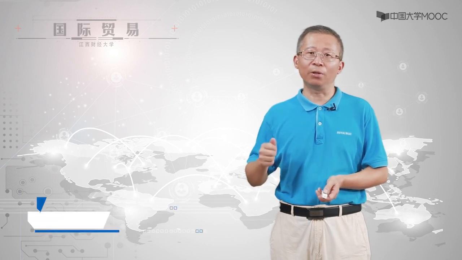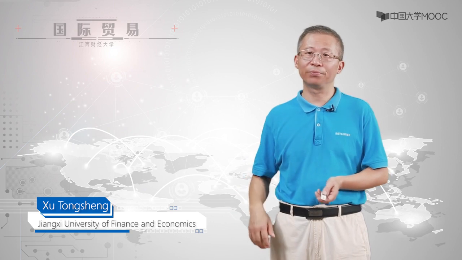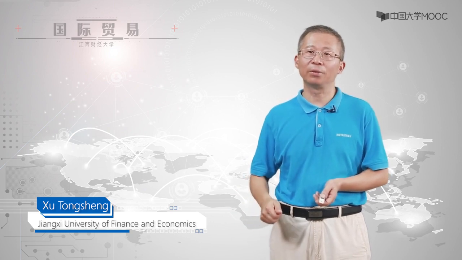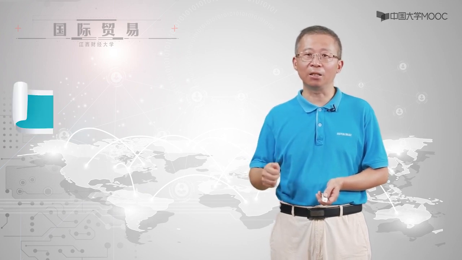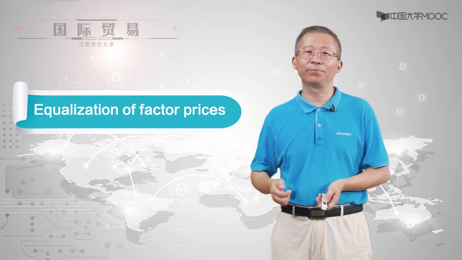With foreign producing fewer clothes, its demand for labor decreases, and the price of labor falls. With trade, the price of labor tends to equalize in the two trading partners. There is clearly a tendency towards equalization of factor prices.